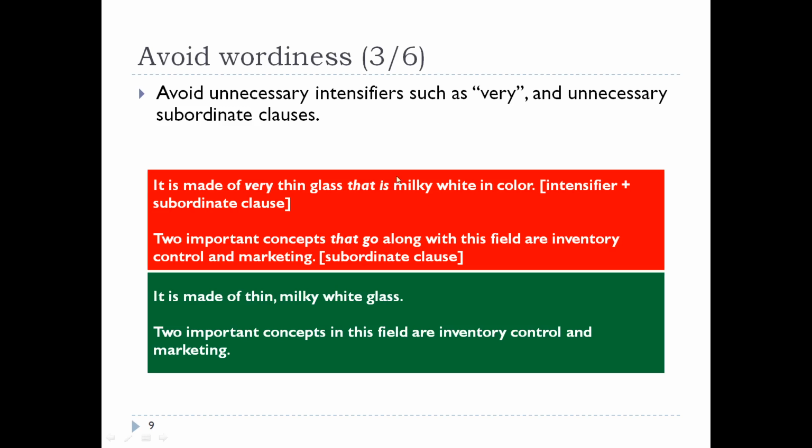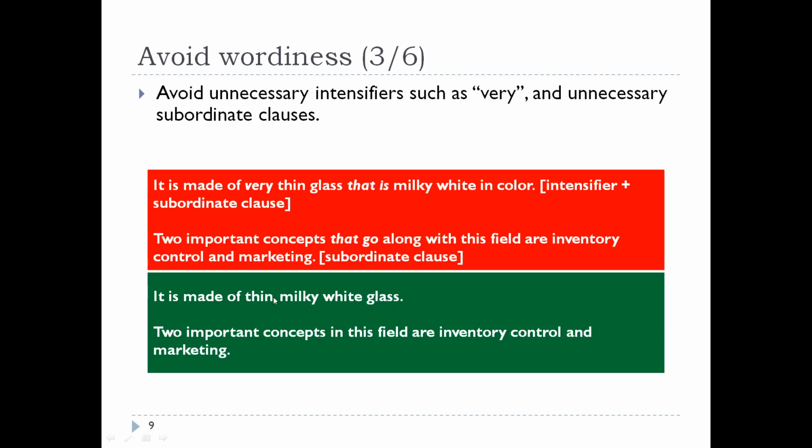There is no such relationship between these two. These are two different things and they are not dependent upon each other. So you should not be putting them in a way that creates that sense. Glass is milky white because it is very thin? No. So it is made of thin milky white glass.